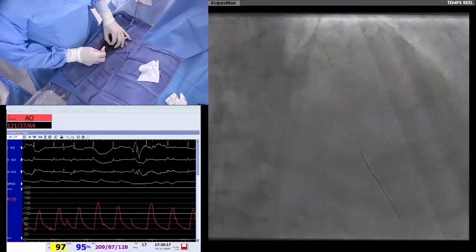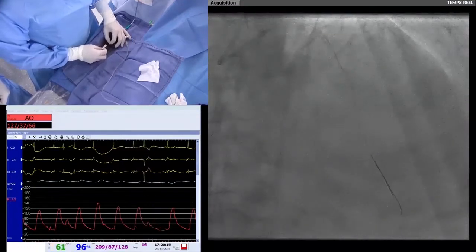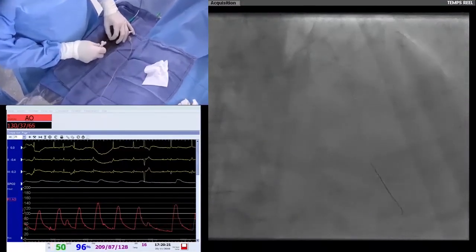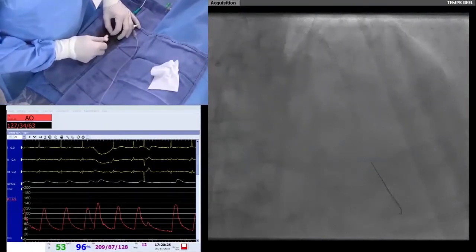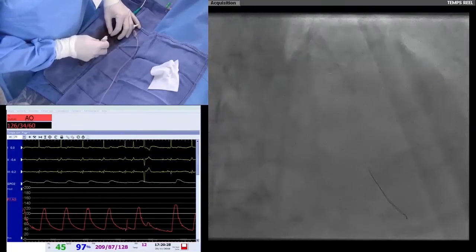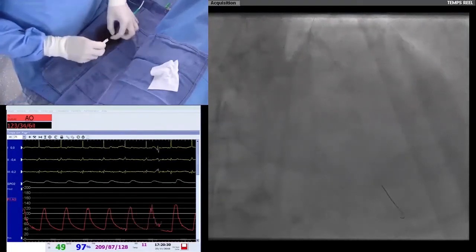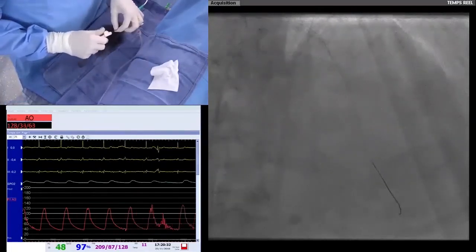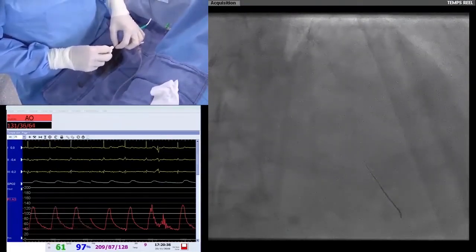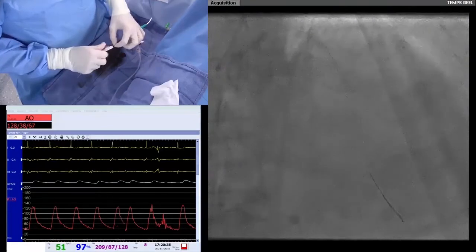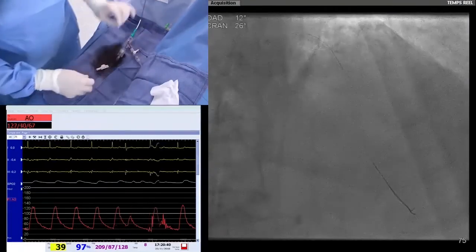My guiding catheter is disengaged, so the pressure is okay. And you know the rota wire is 0.010 inch, so the support is not very good. So you have to turn clockwise or counterclockwise to advance it slowly, maybe in diastolic time. And okay, I think it's okay.